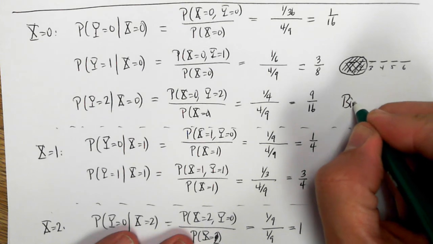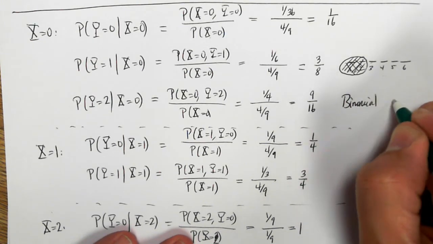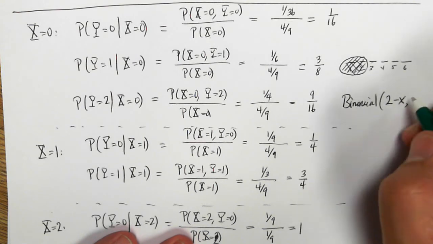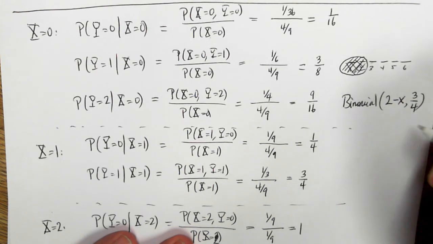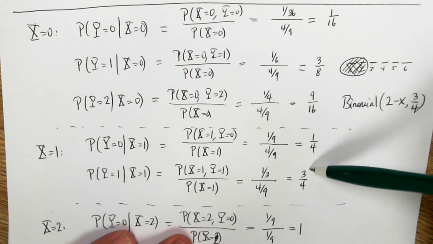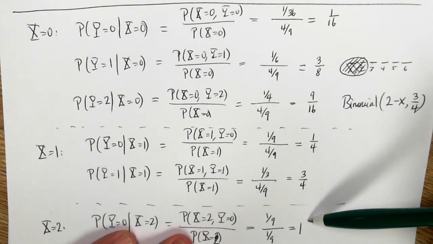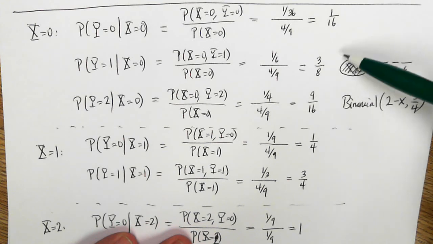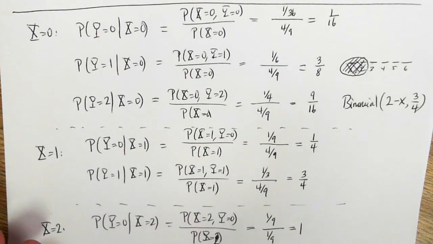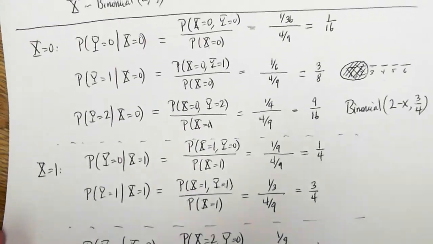And so these are going to be binomial with parameter 2 minus x, I take away the number of 1s and 2s, and then 3/4. And if I actually check this, then the probabilities that I see here, if x equals 2, if x equals 1, or if x equals 0, I get the binomial distribution with parameter 2 minus x and 3/4.